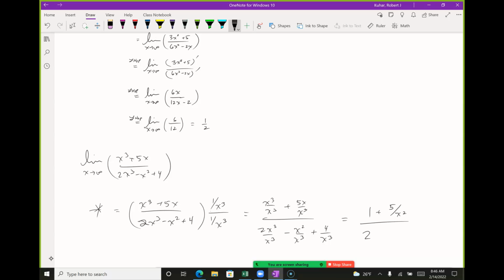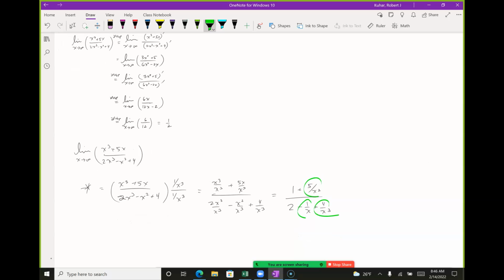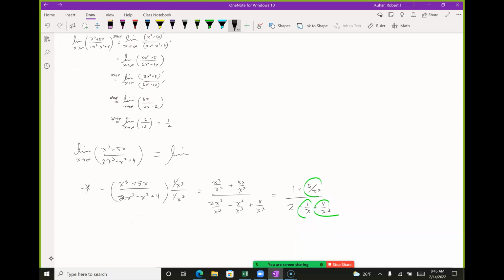And here I get 2 minus 1 over x plus 4 over x cubed. You can see each of these pieces, when I let x go to infinity, is going to go to 0. So now, looking at my limit as x goes to infinity, I get 1 plus 0 over 2 plus 0 plus 0. I get my 1/2 again.